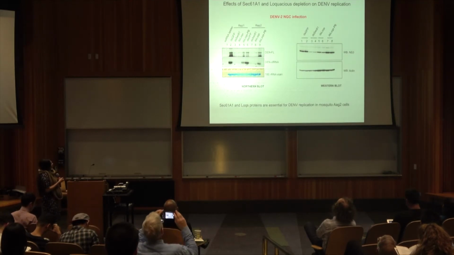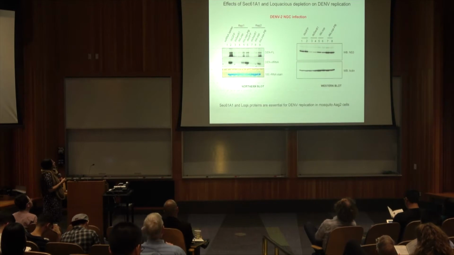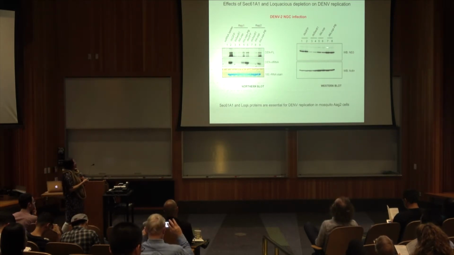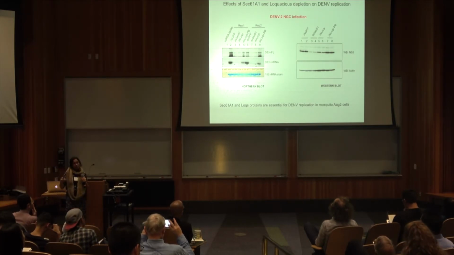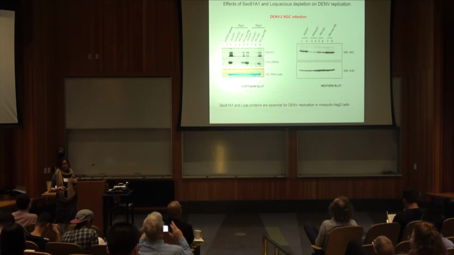So as you can see, when we knock down either of these proteins, Sec61A1 or loquacious, there is a significant decrease in the dengue RNA levels as compared to the negative control. There is also a significant decrease in the viral protein levels, indicating that both these proteins are proviral, that is, they are essential for the virus to replicate efficiently in mosquito cells.